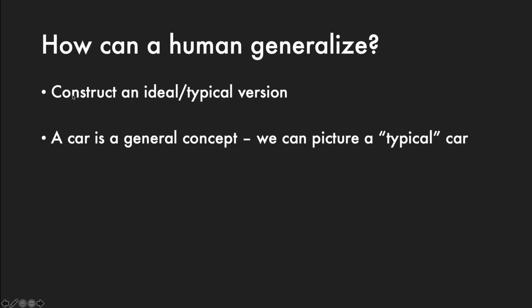We'll kind of construct an ideal or typical version of things. For example, a car is a general concept. We can picture a typical car in our minds, independent of what model it is, what color it is, blah, blah, blah. We can picture a typical version.